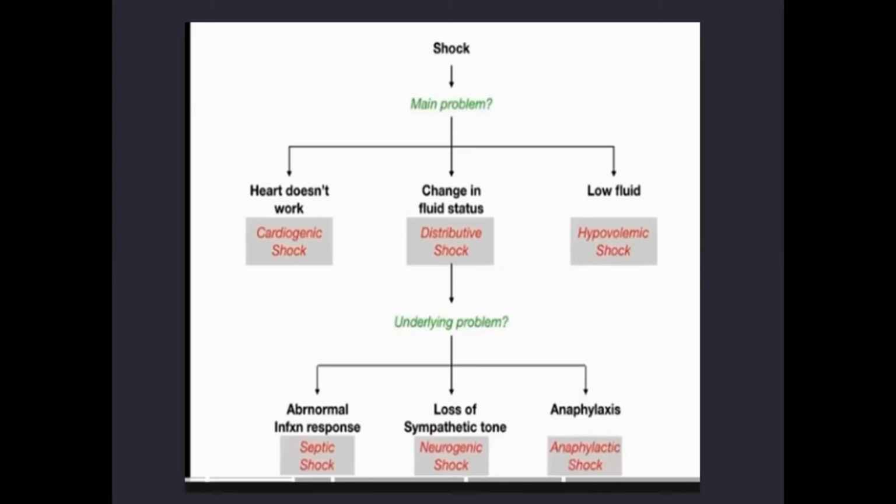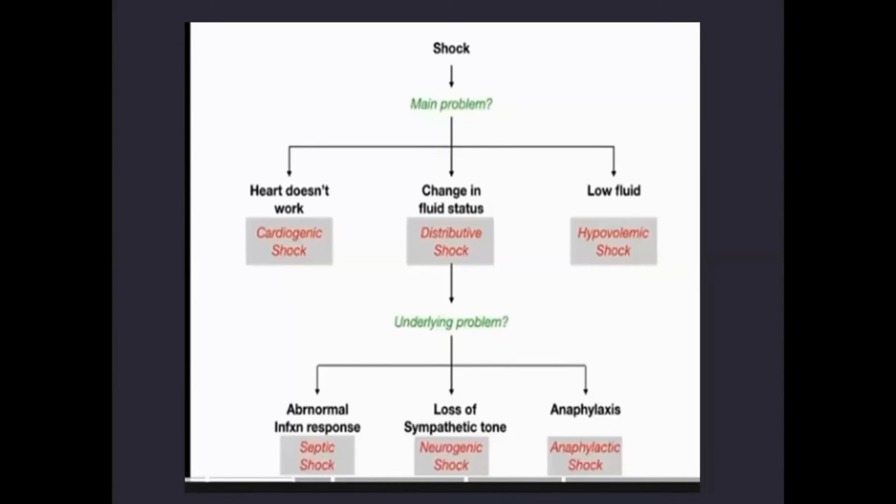If there is an abnormal response to a reaction, like any kind of inflammation and reaction to that inflammation, we are dealing with septic shock. If we lose sympathetic tone, we are dealing with neurogenic shock.